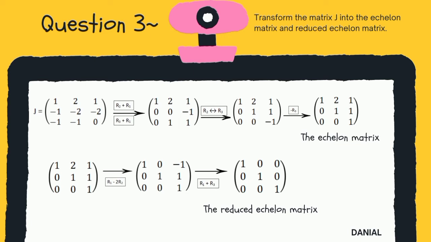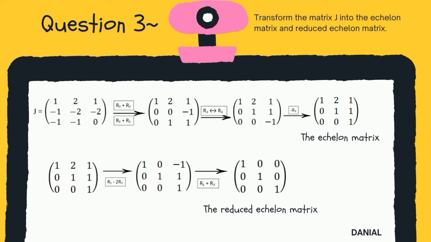Row 2 is referred to row I, while row 1 is referred to row J. So we need to change the row 1 because it's referred to row J. Next, row 3 plus row 1. Row 3 is referred to row I, while row 1 is referred to row J. So we need to change the row 1. So we will get 1, 2, 1, 0, 0, negative 1, 0, 1, 1.